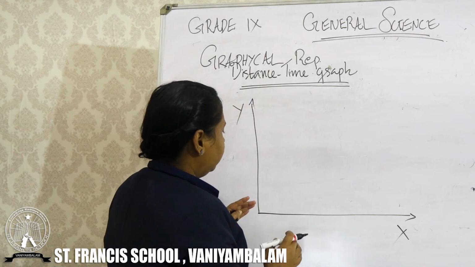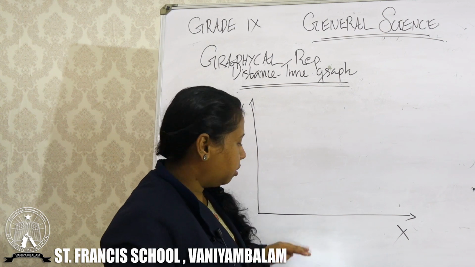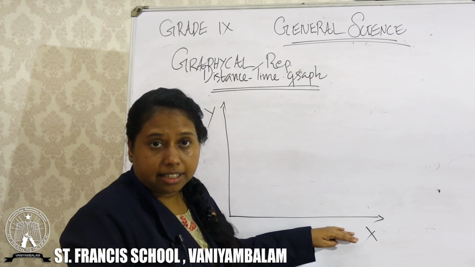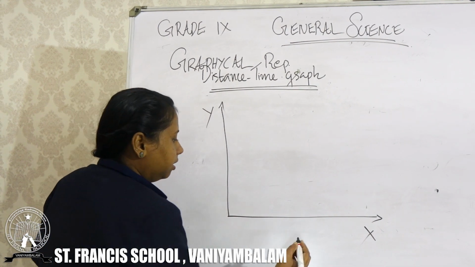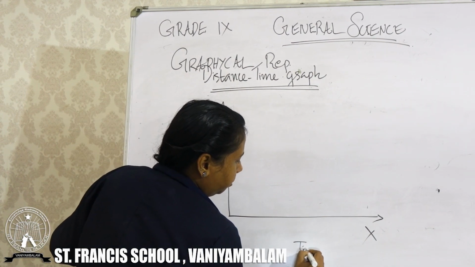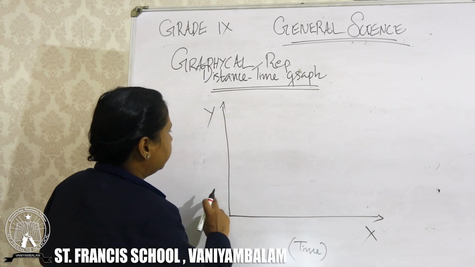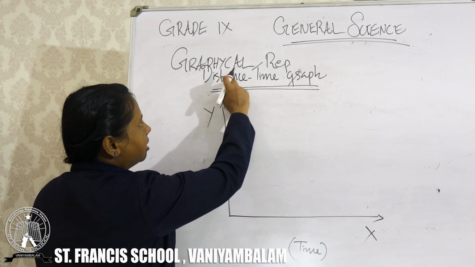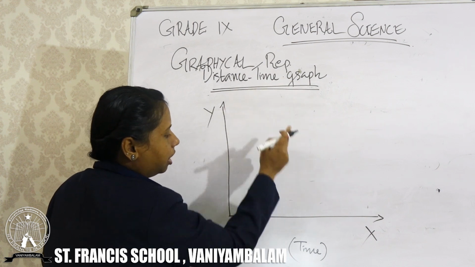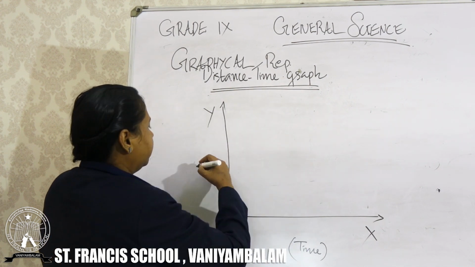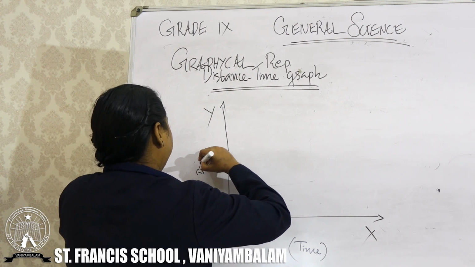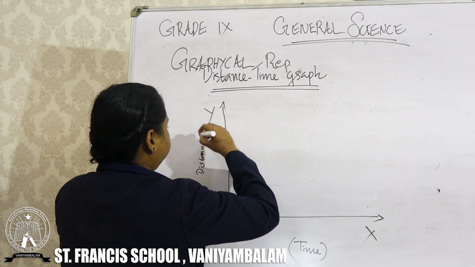The independent value we use on the x-axis, and the dependent value on the y-axis. Time is the independent value, so time we will give on the x-axis and distance on the y-axis.